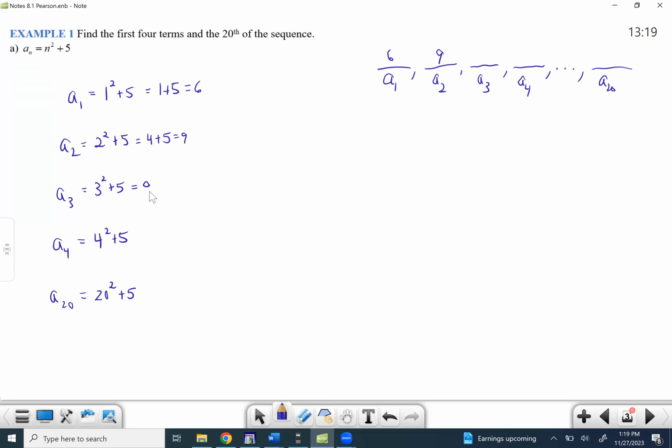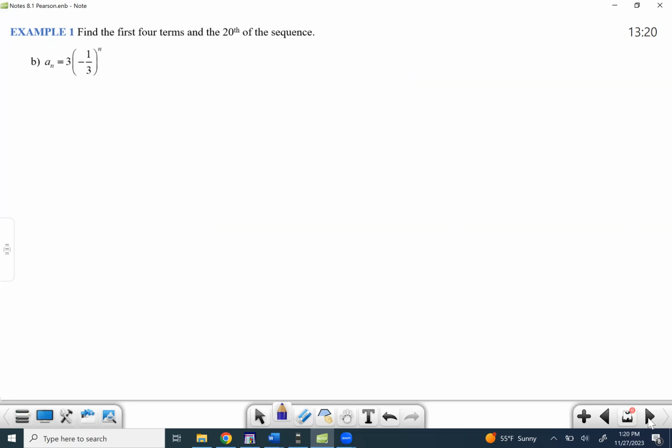Then 3 squared is 9, and 9 plus 5 is 14. And 4 squared is 16, and 16 plus 5 is 21. And then finally, 20 squared is 400, and 400 plus 5 is 405. Okay, so that's going to be our answer for the first 4 terms and the 20th term.